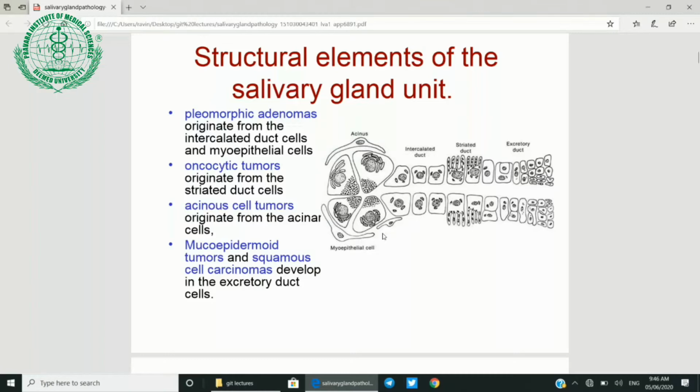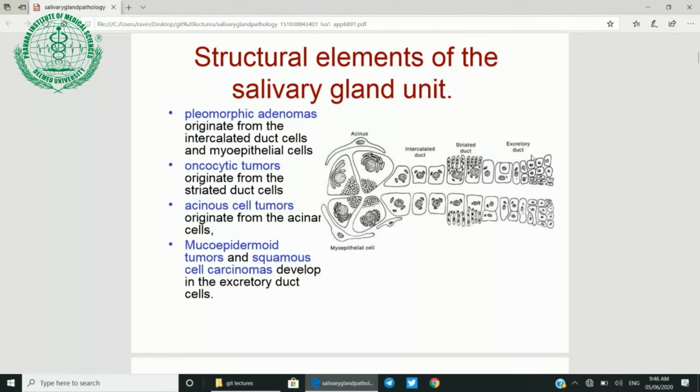This whole unit is called acini. Acini open into the intercalated duct, striated duct, and later the excretory duct. So ducts and acini are the basic structural units of a salivary gland. Certain oncocytic tumors take origin from the striated ducts.